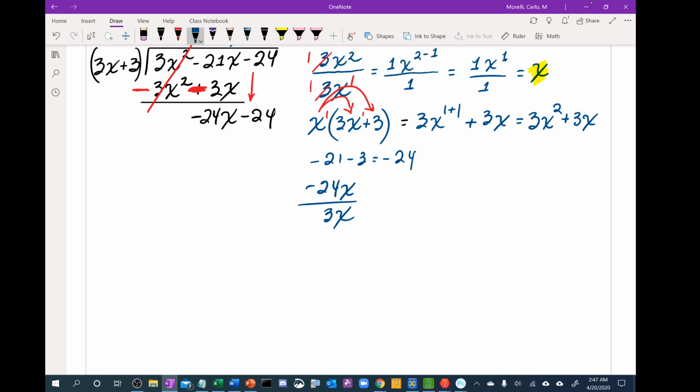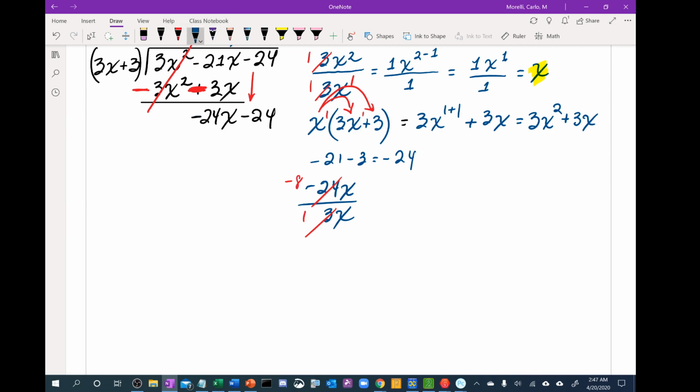Okay, now first we're going to simplify the numerical part of this fraction. Greatest common factor of 24 and 3 is 3. So you can say negative 24 divided by 3. Well, that's negative 8. 3 divided by 3 is 1.